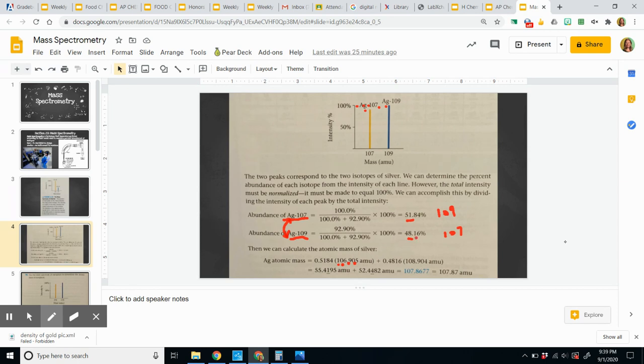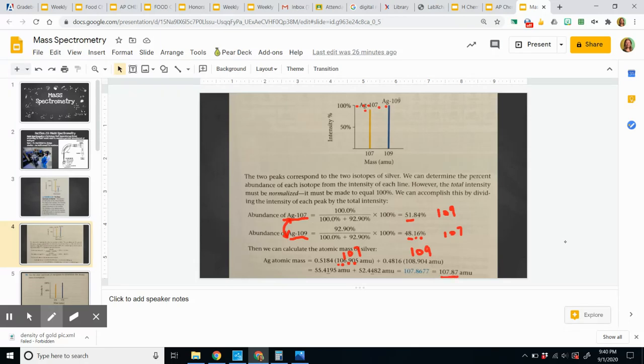Anyways, they changed this percent to its decimal, times the mass of 109. We could just call this 109, and we could just call this 107. They are pretty close, and we would get an answer that's fairly close to the final right here.